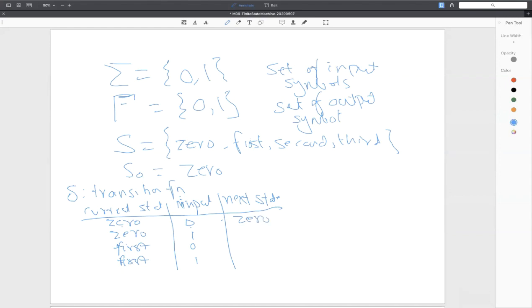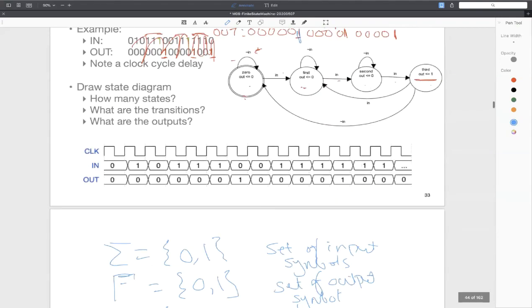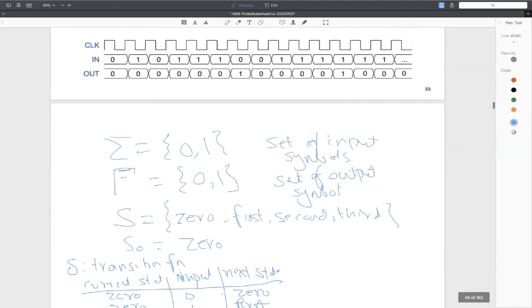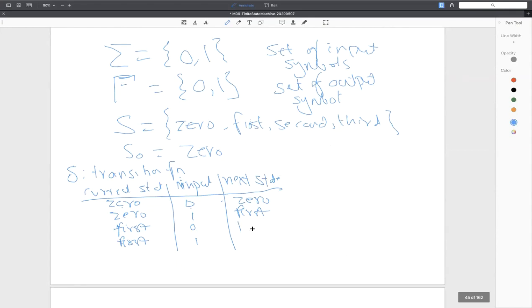If 0, we get a 1, next state is first. And first, if the input is 0, again there is a self loop. So this is first. And then I move to second. And so on and so forth. There will be total of 4 times 2 equal to 8 entries.